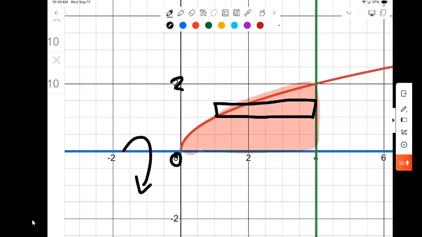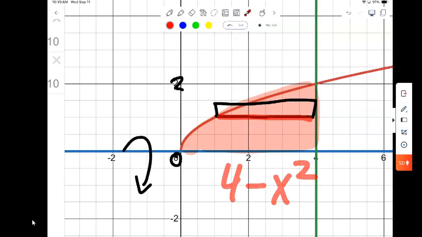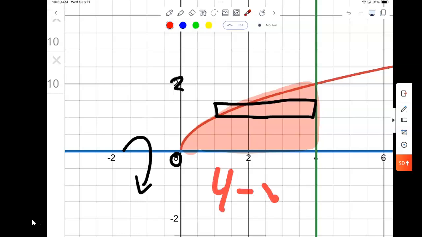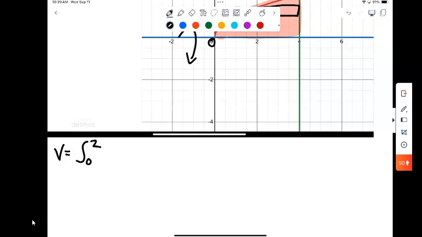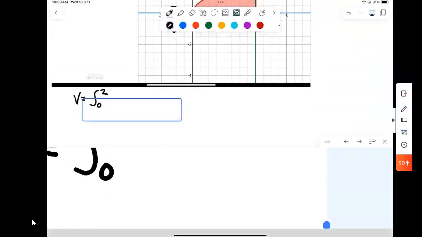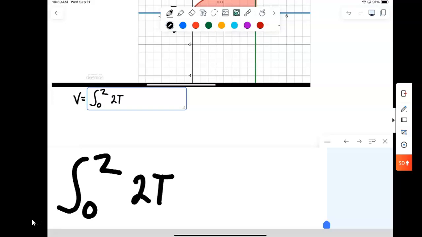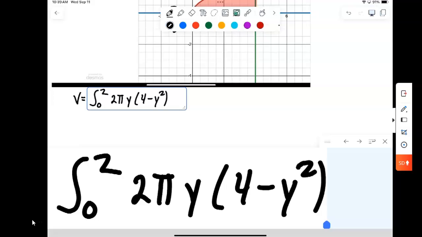And then we have our sample shell that shows us that this length is just 4 minus y squared, sorry, not x squared. That's going to be our function. That'll give us the height of our shell. And so we use our shell formula: 2 pi y times 4 minus y squared dy.